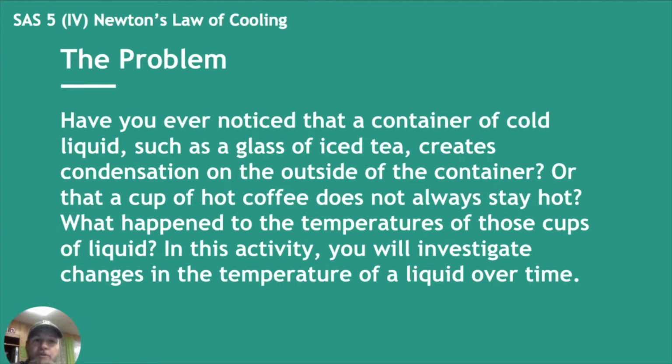It causes the moisture in the air to form on the outside of the glass. It's not from the glass at all. It's from the air. So anytime air comes close to it, that moisture gets drawn to it. It actually helps that water on the inside warm up to room temperature.